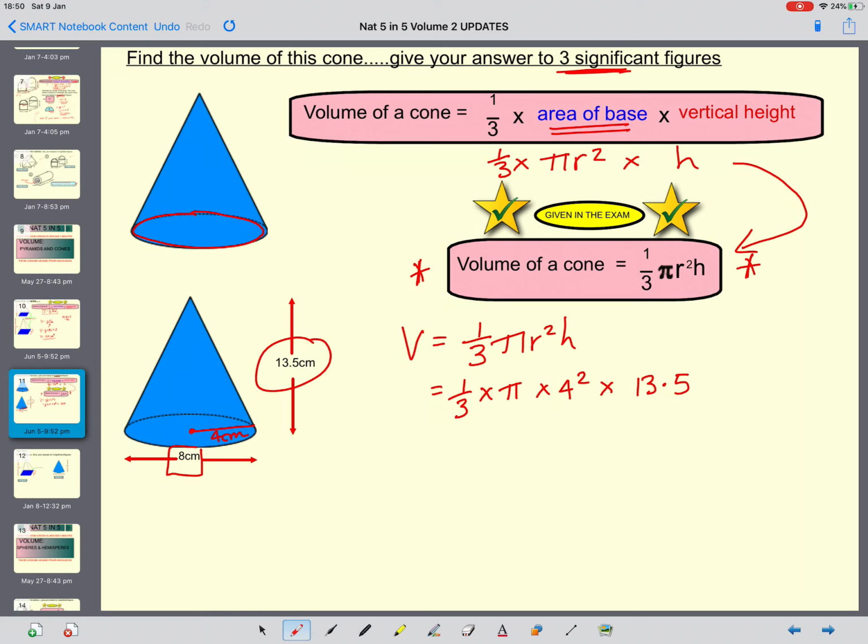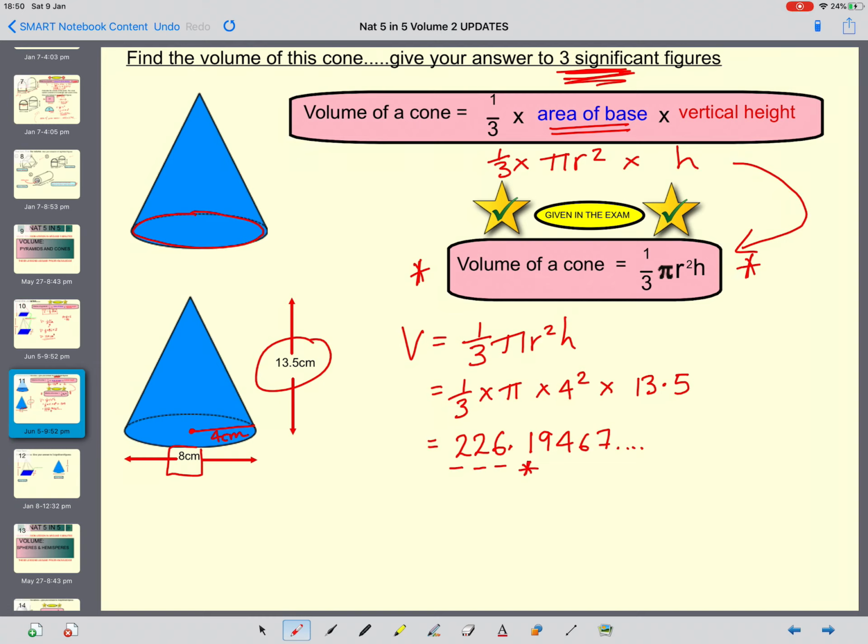You're going to type all of that into your calculator and you're going to get an answer of 226.194. And again, just give a fuller answer just to make sure that you get your answer mark. Go back to the question and just check what they have asked in terms of accuracy. In this case, they have asked for 3 significant figures. So 3 most important figures. So 1, 2, 3 are the most important.